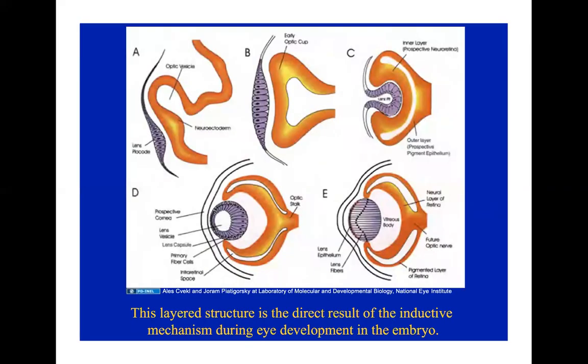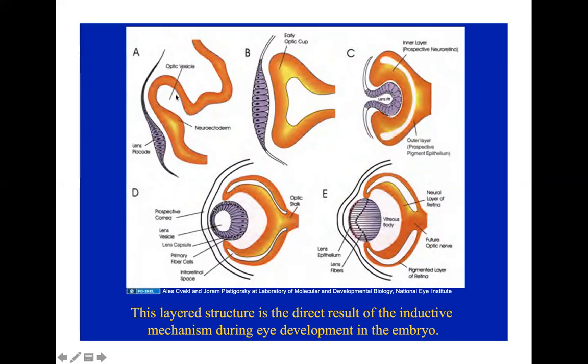Now, embryologically speaking, this is how the eye structures come into play. Development of eye structures usually starts at the beginning of the fourth week. You have a diverticulum, or outpouching, bilaterally from the forebrain, at the level of your diencephalon.